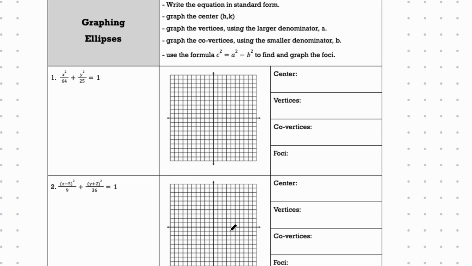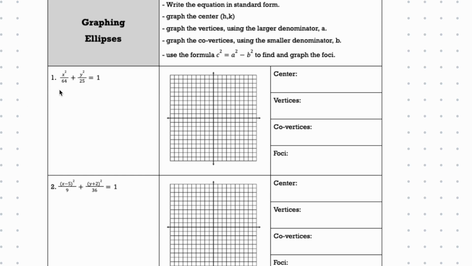Okay, graphing ellipses. So let's start with this one. Here, first what I would do is look which is larger, 64 or 25. 64. So I know it's going to be longer horizontally, so it's going to look something like this, right?